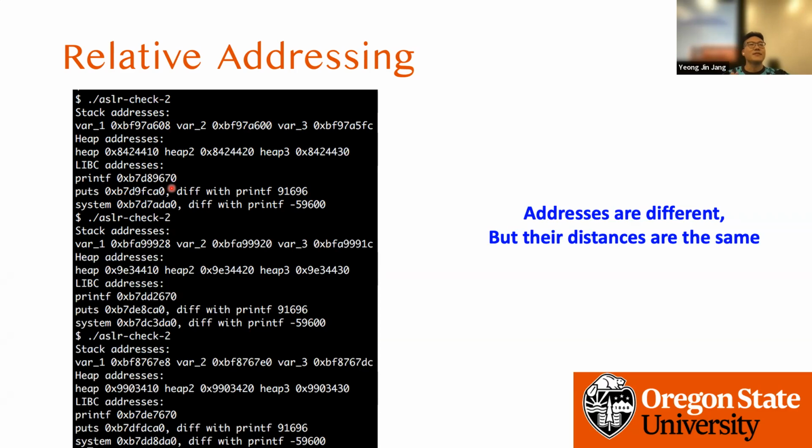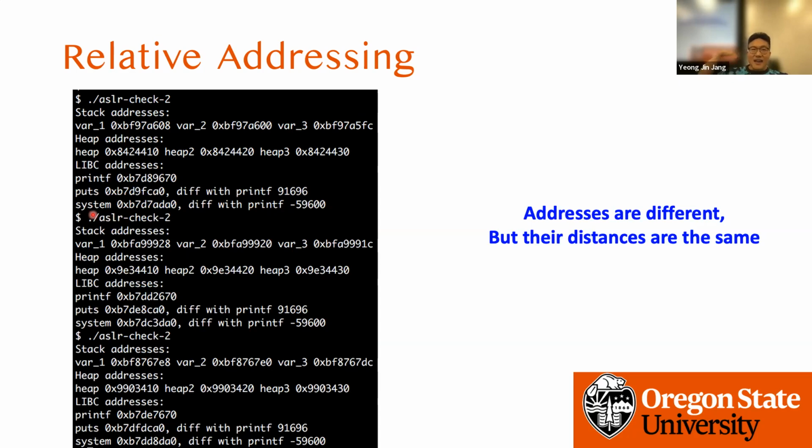Maybe you think that printf is not useful for exploitation. You will change your mind in week 6, because we will learn about another attack using printf. But for now, printf may seem useless for exploitation. But you can calculate the distance between printf and system, and the distance is like that. If we subtract this number 59600 from the printf address, then we can get the address of system.